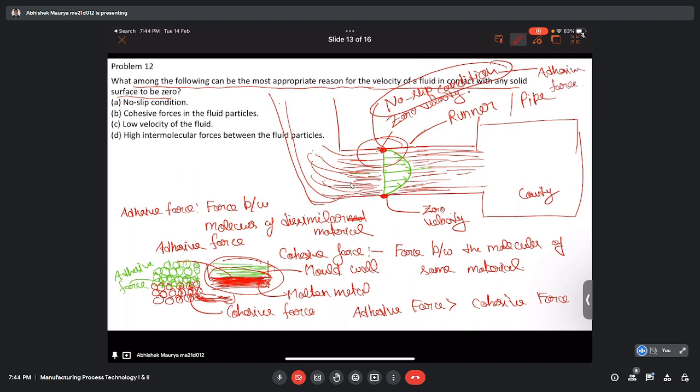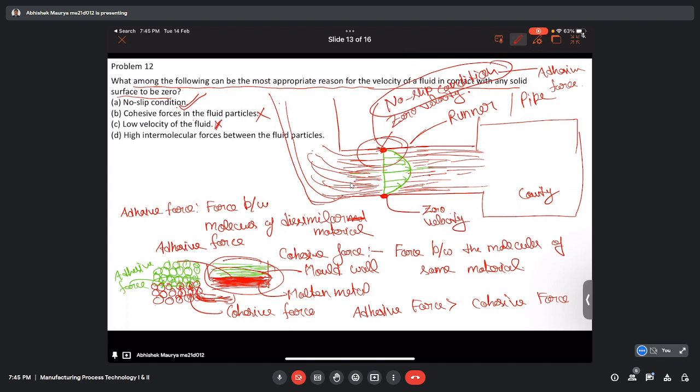Okay, so now let's look at the options. First one is no slip condition. Yes, that is correct. Cohesive forces in the fluid particles? No. If cohesive forces in the fluid particles were strong, then the molten metal would not have stuck to the mold walls, so it is wrong. Low velocity of the fluid?